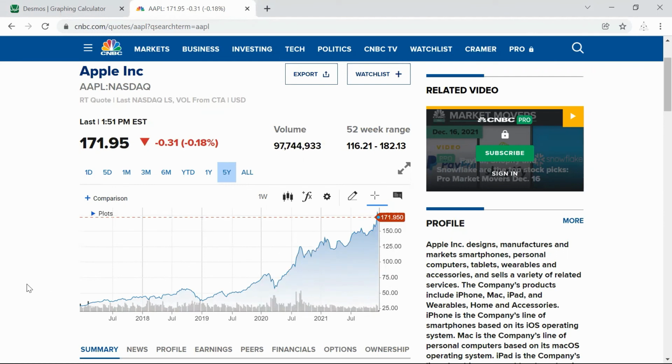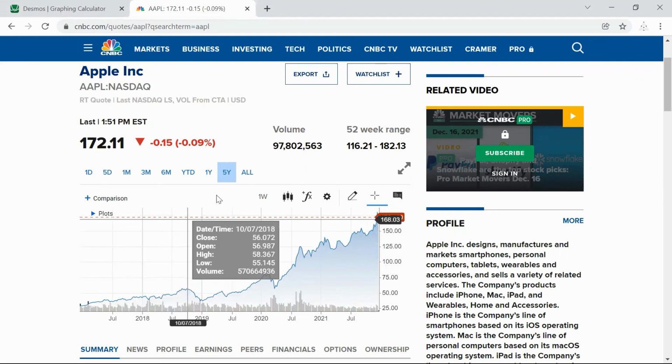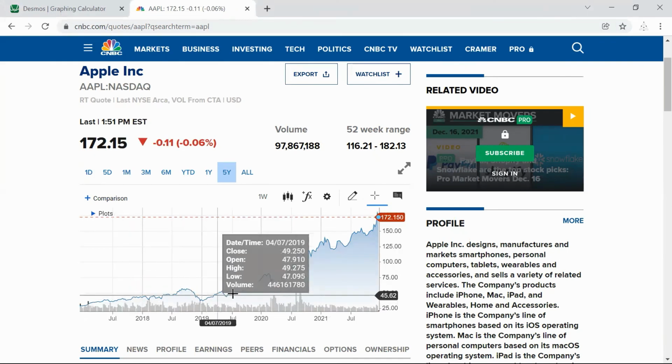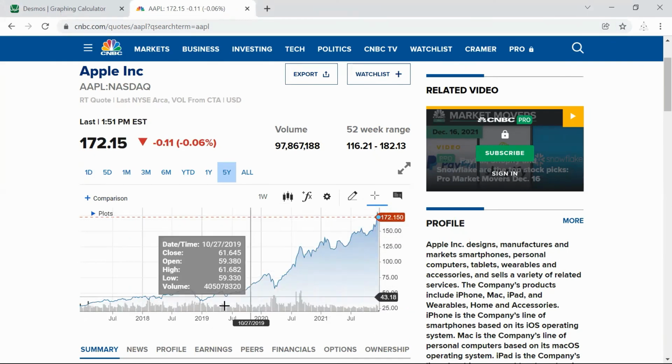So I'm not telling you to either buy or sell Apple stock. I'm just telling you this is one of the tools that people can use to look at stock prices and try to predict, these first and second derivative tests. It's always tough to match a pattern to these types of stock price curves.